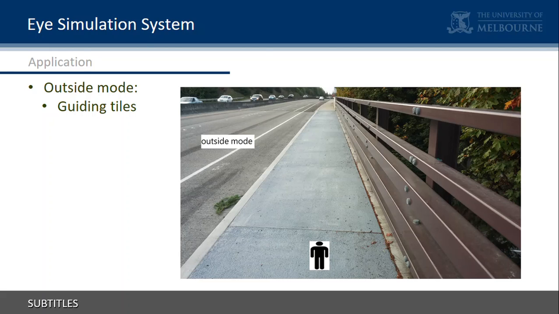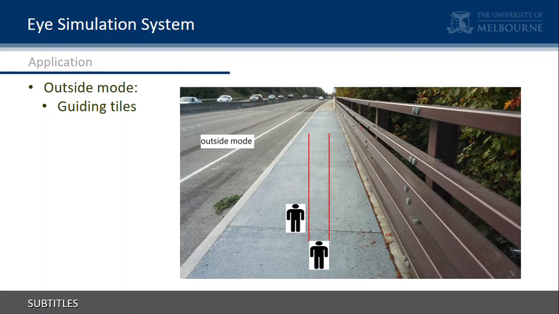Therefore, the first function of outside mode is providing virtual guiding tiles. When the user walks on the sidewalk, the application will generate the virtual guiding tiles. If the user steps out of the range of guiding tiles, the application will warn the user and give instructions to guide him back.